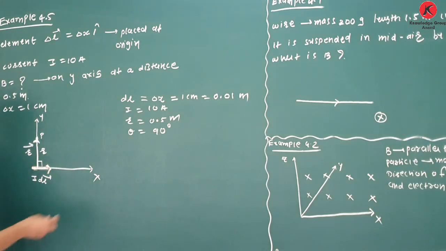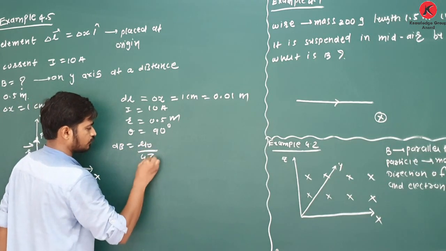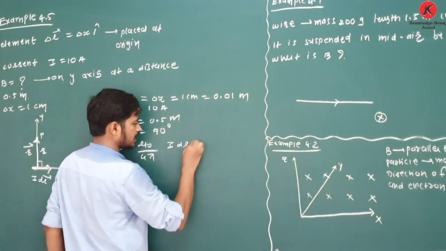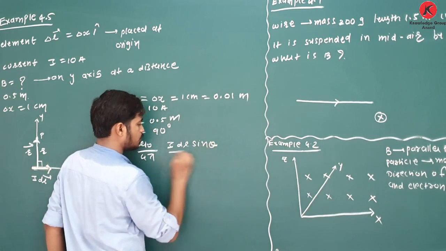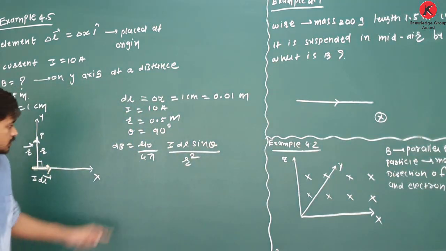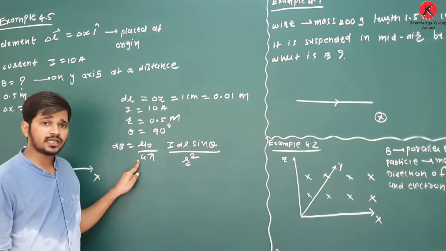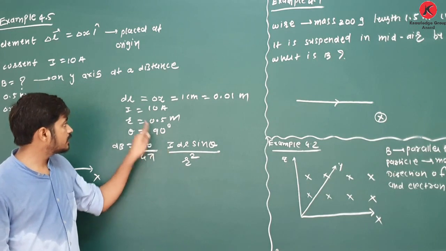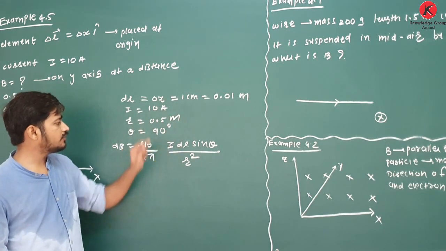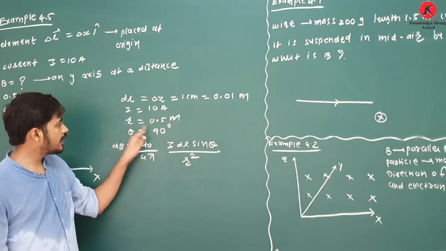And yes, you have to find the magnetic field. dB is equal to mu 0 upon 4 pi I dl sine theta upon r square. Mu 0 upon 4 pi is 10 raised to minus 7. I is 10, dl is 0.01, sine theta means sine 90 is 1, r is 0.5.